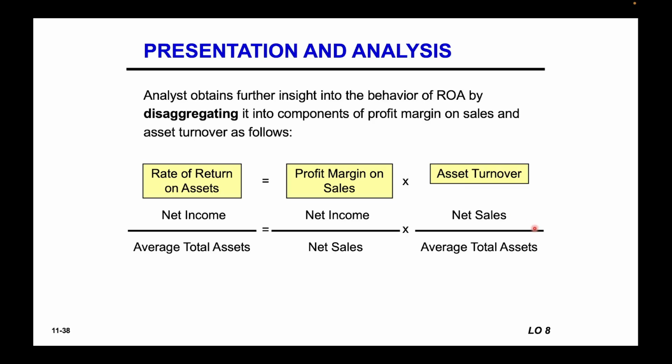This disaggregation allows us to see if a company's ROA is driven by high profitability, or profit margin on sales, or efficient use of assets to maximize sales, or ideally, by a combination of both.